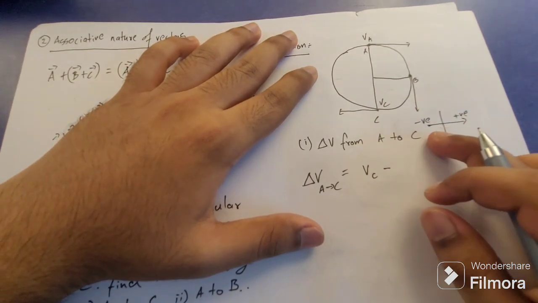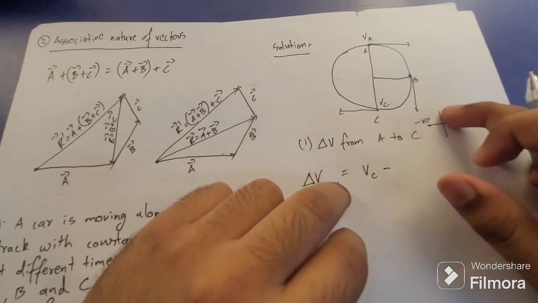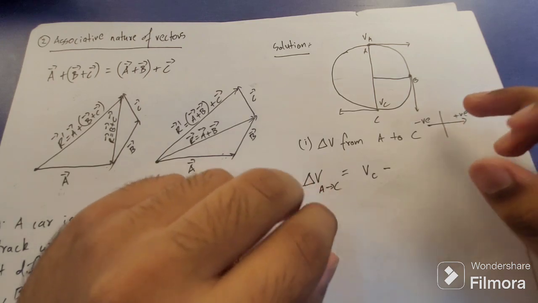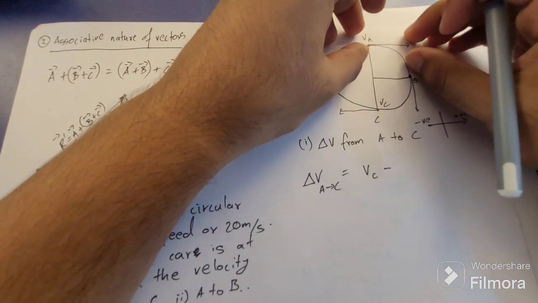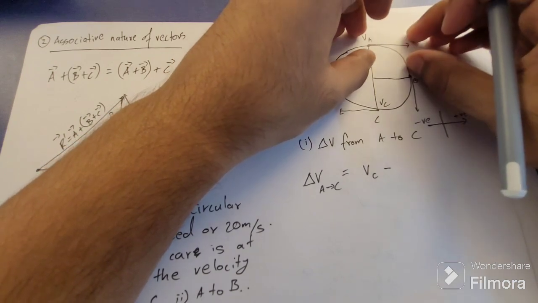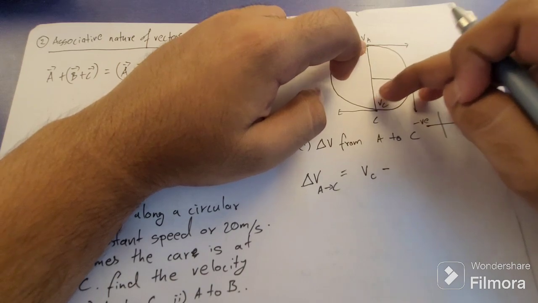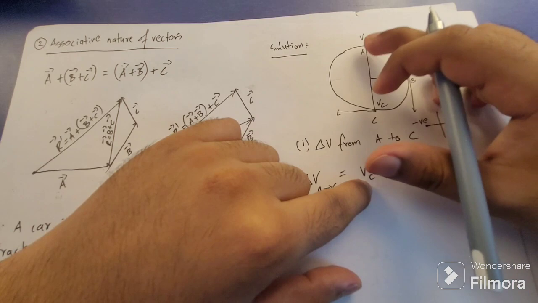And if it is not given in the question which direction to assume as positive and negative, the direction of the vehicle at the starting point should be assumed as positive because we are asked to calculate the change in velocity. So let us quickly see how that is done. Change is final minus initial.